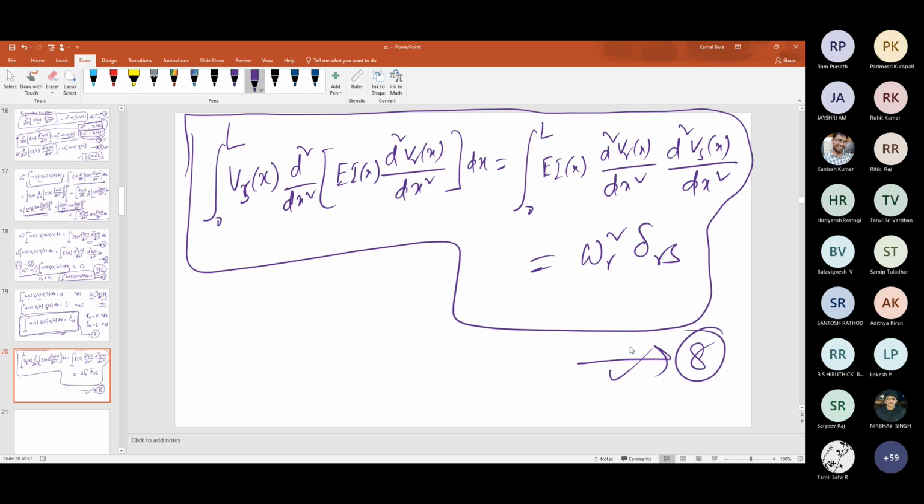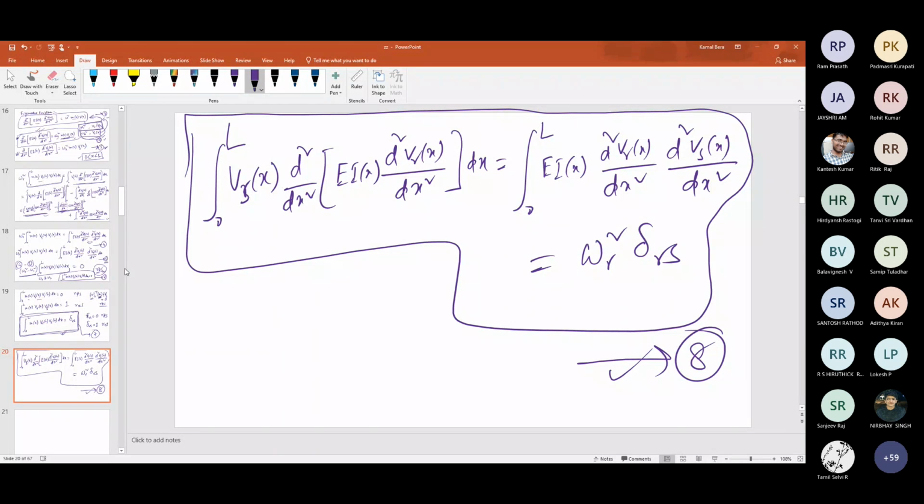Please tell me. I know most of the people have understood, but if someone still has difficulty, please ask me, then I will quickly repeat whatever I have discussed so far. Okay, nobody has any. So 7 and 8 are the orthogonality of the mode sets.